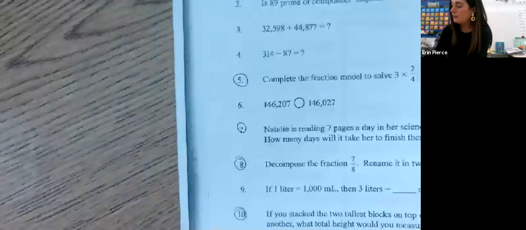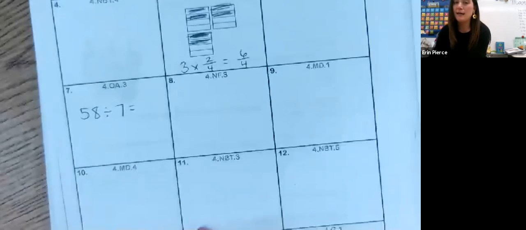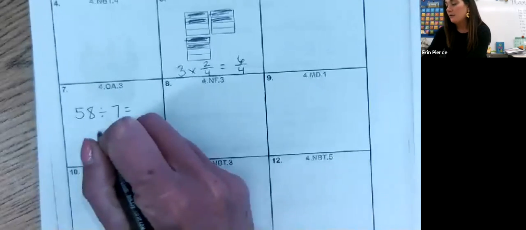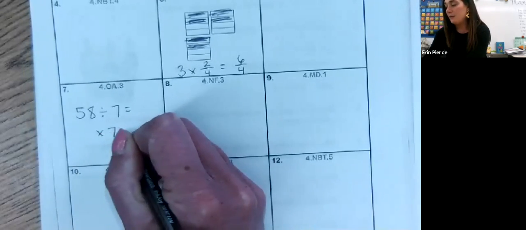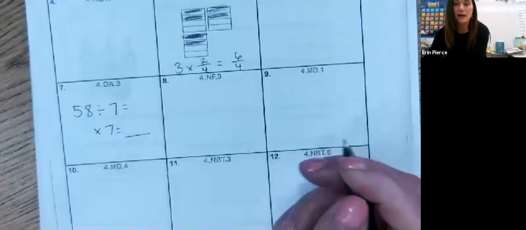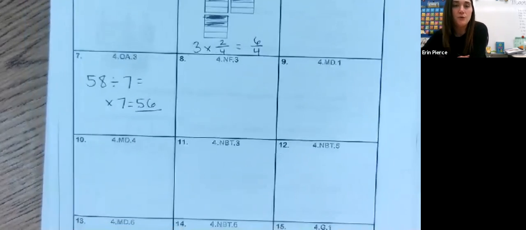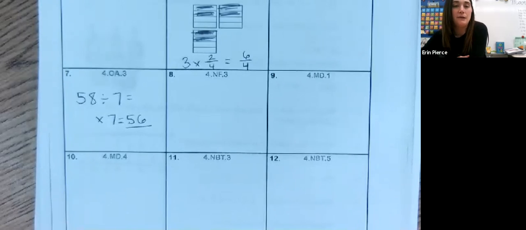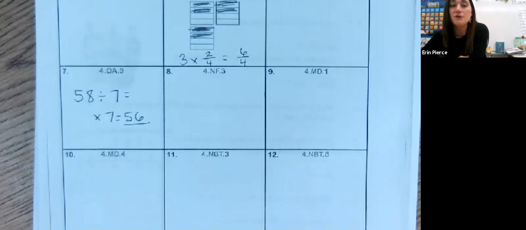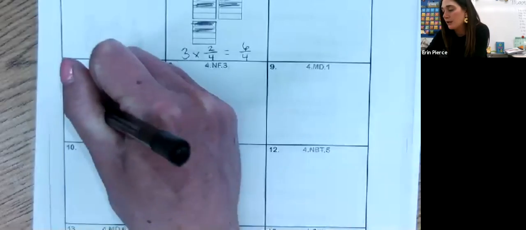Well, I know a multiplication fact that involves a 7 and will get me pretty close to 58. It equals 56. Do you know blank times 7 equals 56? If you said 8, you are correct.